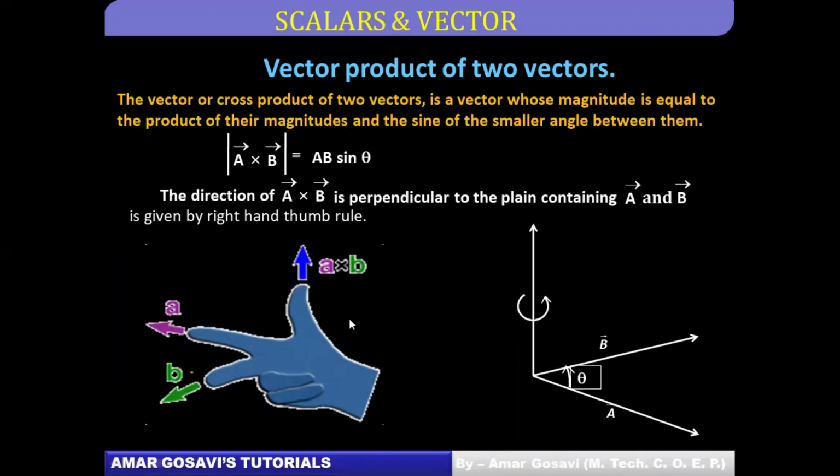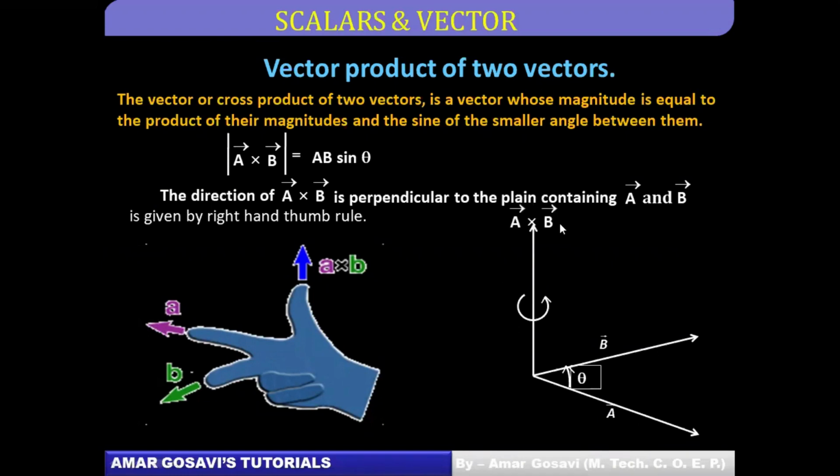The same diagram is being drawn here in a different sense. If I am moving from A to B, I am taking the cross product of A and B, basically A bar cross B bar. Then obviously the upper arrow will give me the direction of A bar cross B bar.